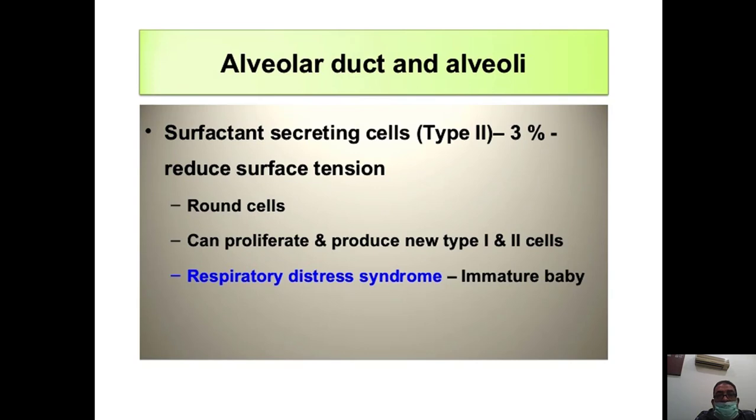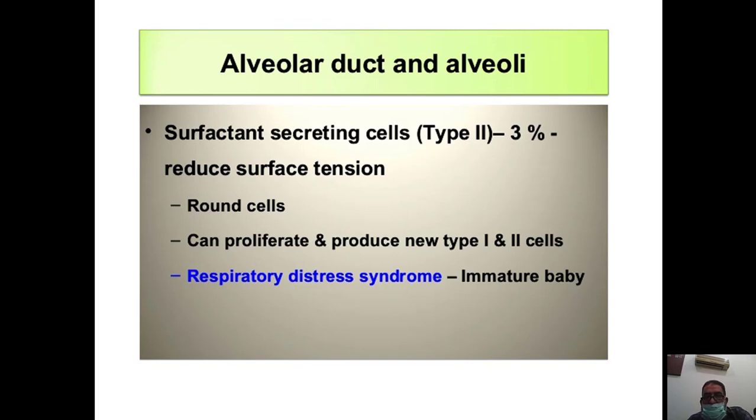Now, the other type is cell type 2, which is surfactant releasing, only 3% present in the alveolar duct and alveoli. This surfactant is meant for the reduction of surface tension. These are round cells that can proliferate and produce new type 1 and type 2 cells.